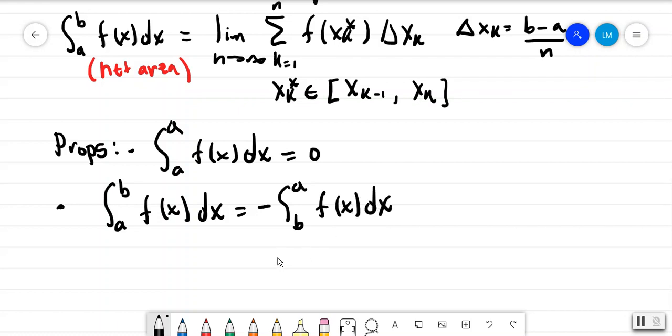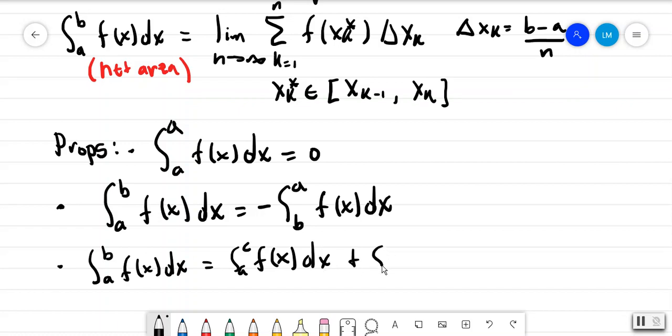Now, the next thing that we have is that if we are integrating from a to b f of x dx, we can partition it into several integrals over the interval. So we have this would be from c to b, and then that's f of x dx.